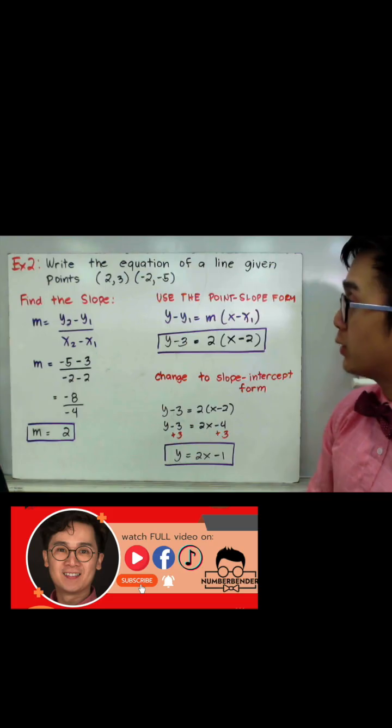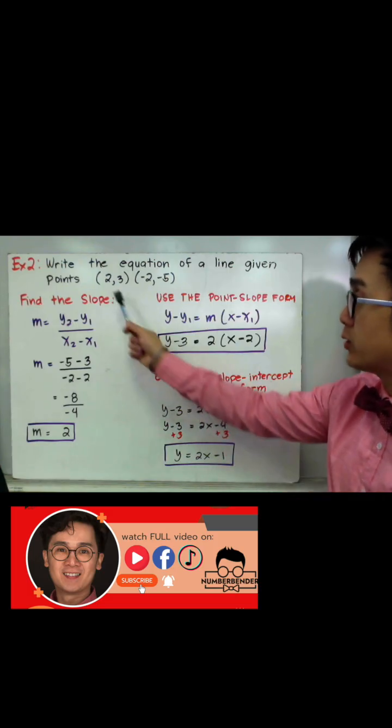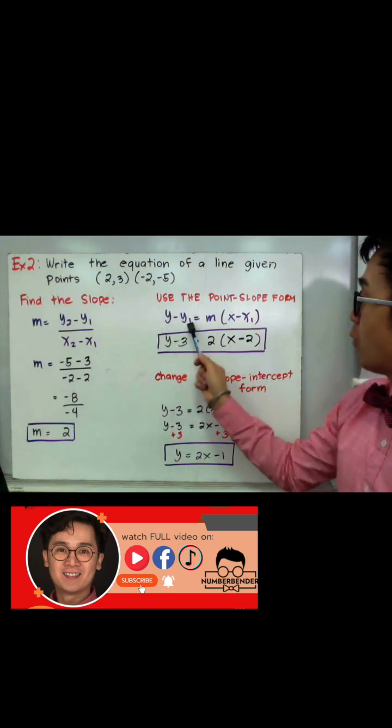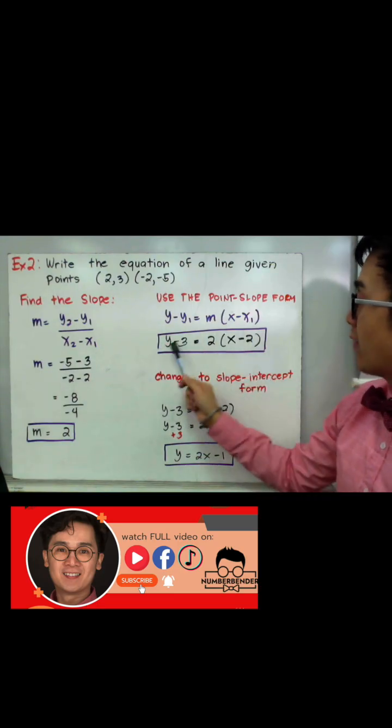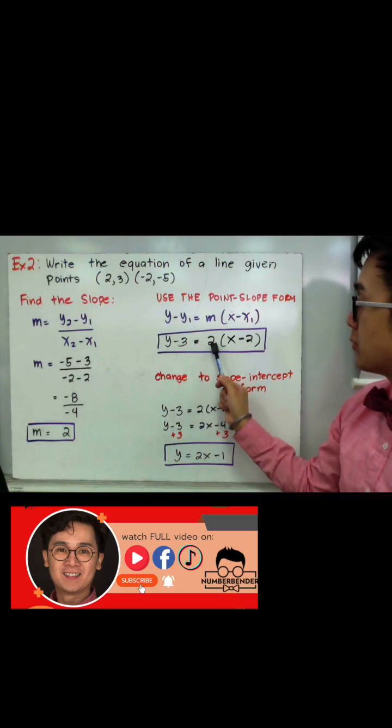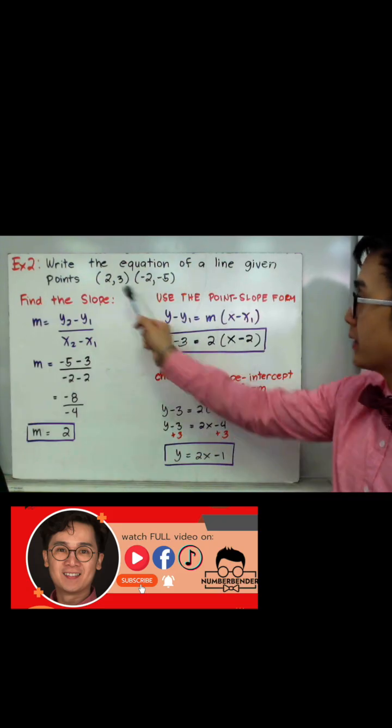It doesn't matter which point you choose, you will still have the same result when you convert it into the slope-intercept form. In this particular example, I used (2, 3) as my given point, so I will replace it for my y1 and x1 right here. So I have y - 3 = 2, which is my slope, times (x - 2).